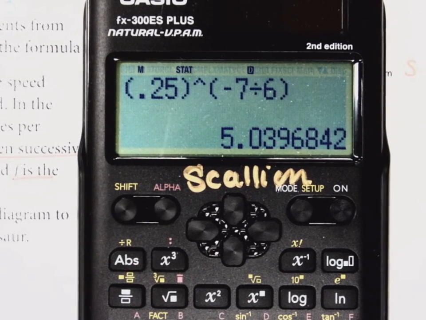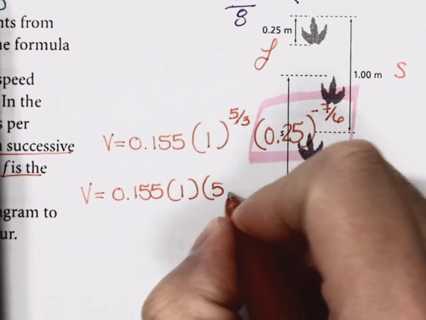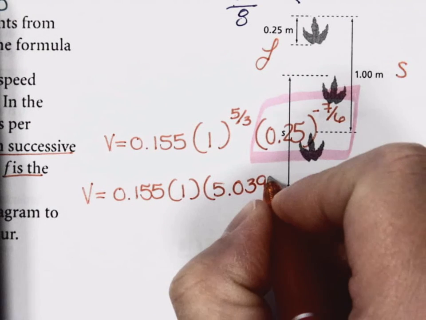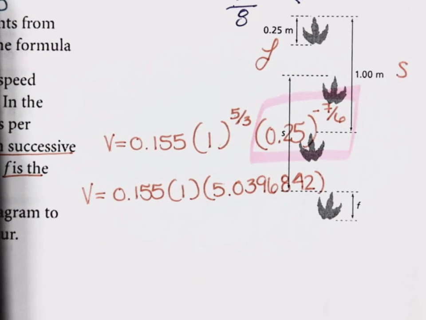Doesn't repeat, doesn't end. 5.0396842. So my question is, did you all get that same number by putting it in your calculator? I did not get the same number. So figure out how to enter it into your calculator.